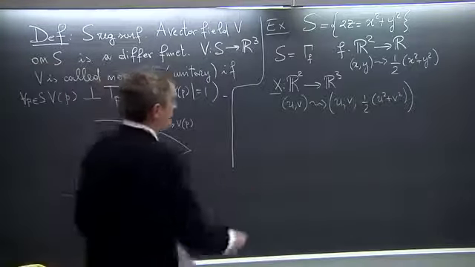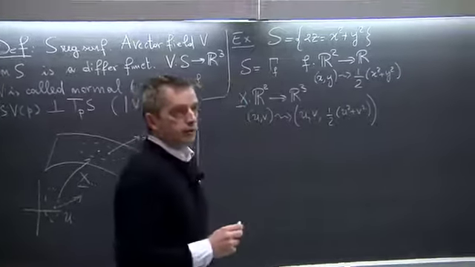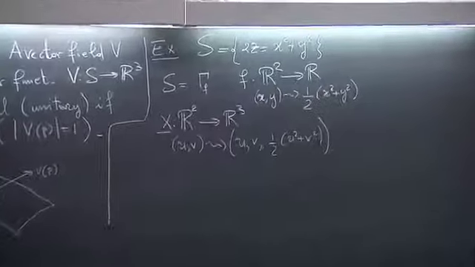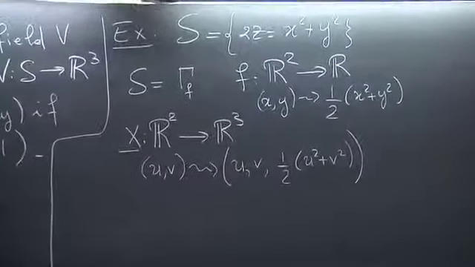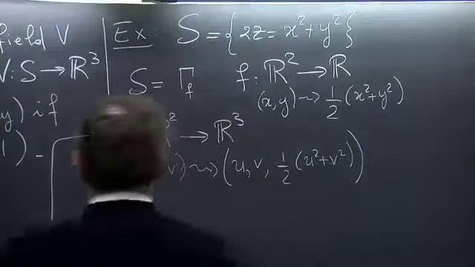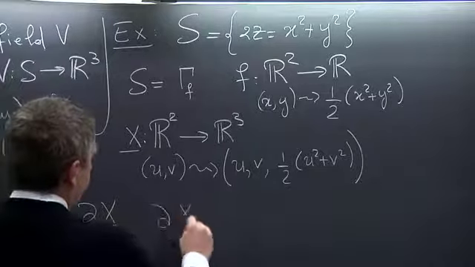Now, for example, we said the tangent space at a given point, remember, one proposition we proved, as a corollary of one proposition we proved, is that the tangent space at each point is spanned by the vectors xu, xv.